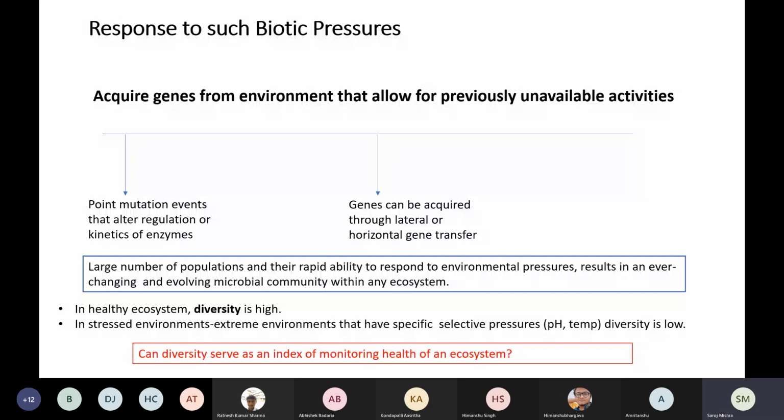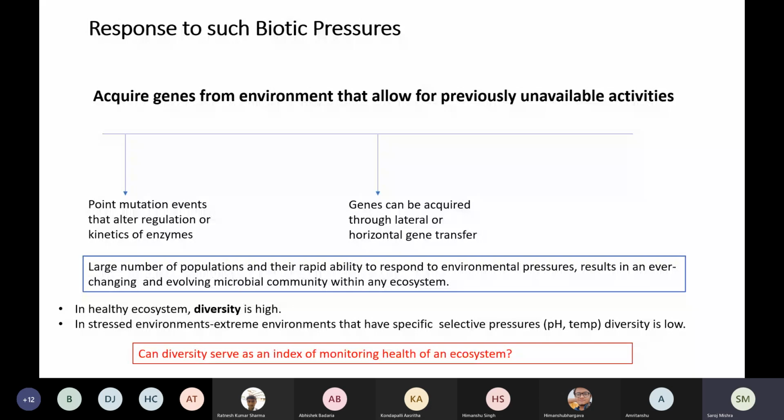It acquires the ability to break down naphthol by virtue of having a gene which it acquires through transformation, or what we call lateral or horizontal gene transfer. Horizontal, what we mean is that there is a conjugation event going on, or the DNA can directly enter through a transformation event, and so on and so forth.